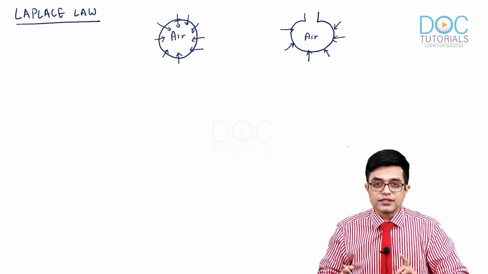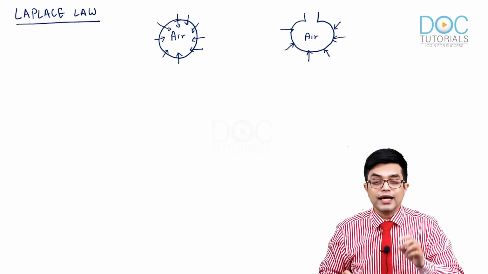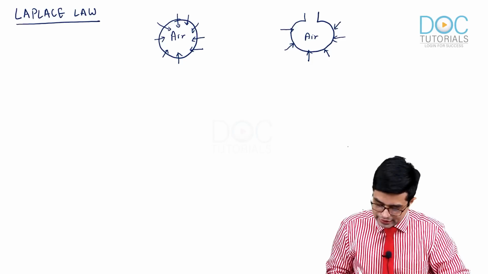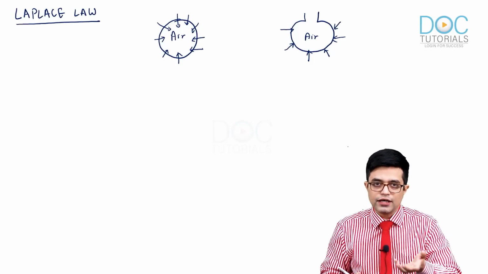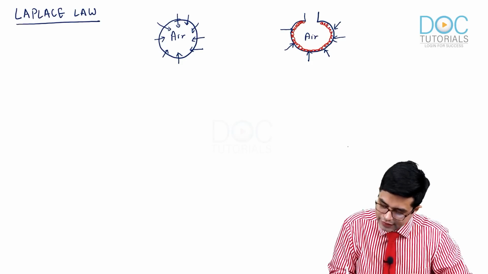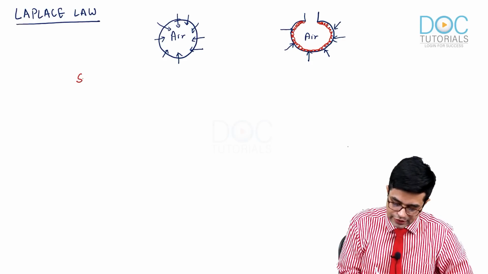So what does nature do? It produces its own detergent-like substance, and that detergent-like substance is surfactant. Surfactant released by type 2 pneumocytes before birth in a term child lines the inside of this alveolus and opposes surface tension. So what is the purpose of surfactant?